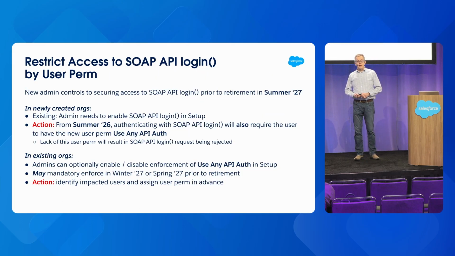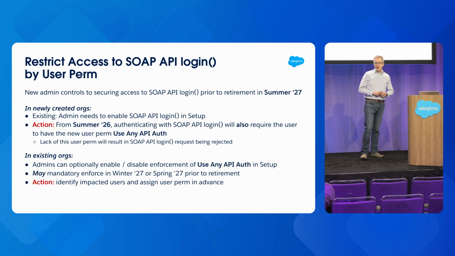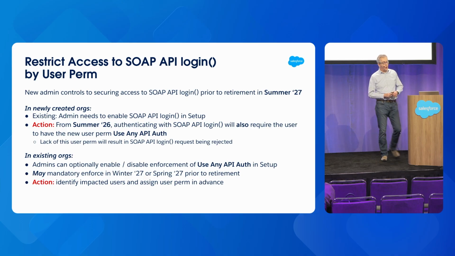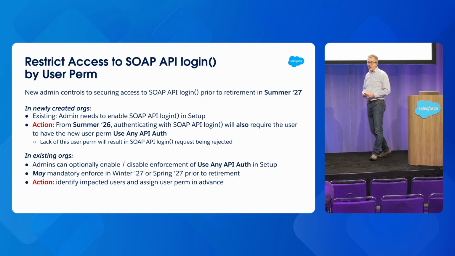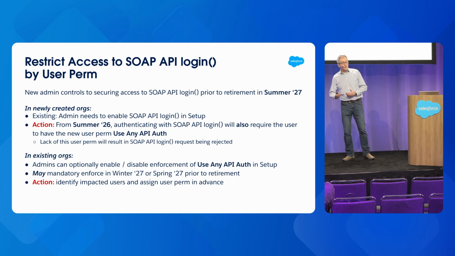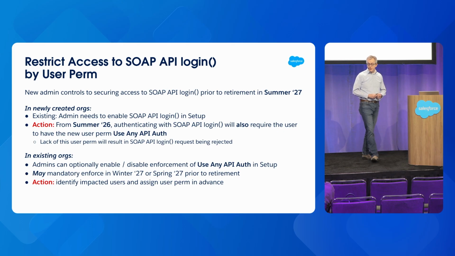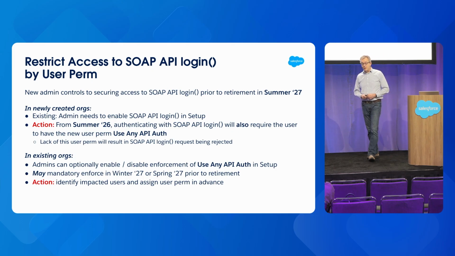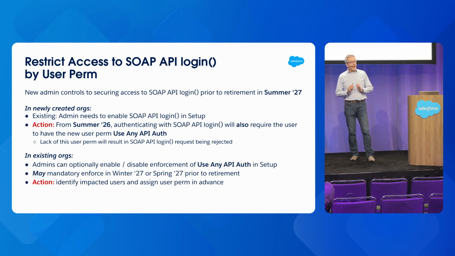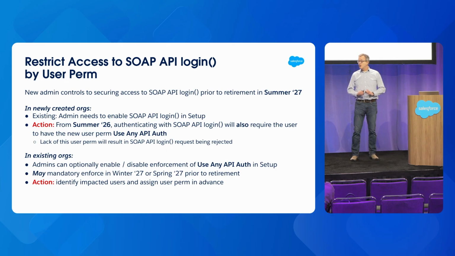Now, with this release in summer 26, we are introducing a new control, which you need to be aware of. It's a new control so admins can further secure the use of SOAP API login. As I've already mentioned, in a newly created org, the admin first has to enable SOAP API login in that org.